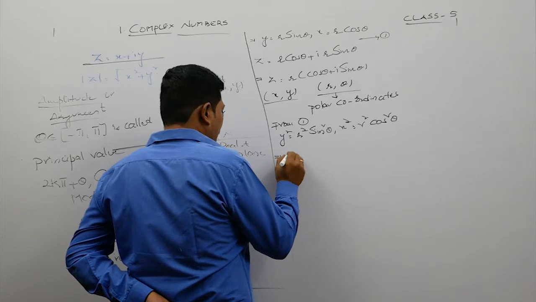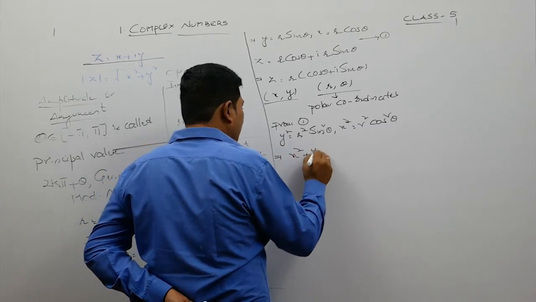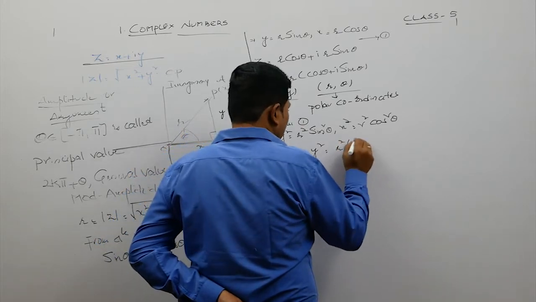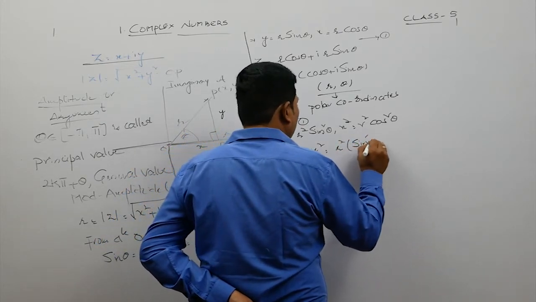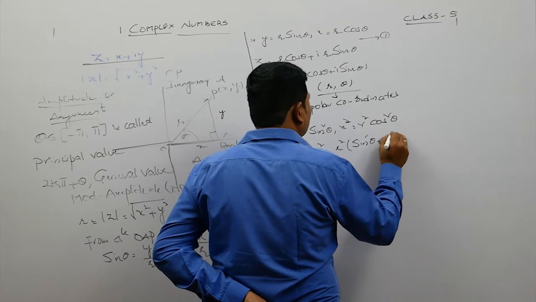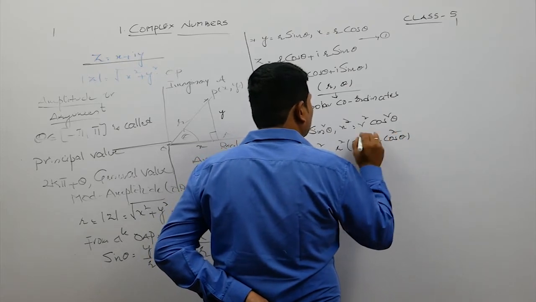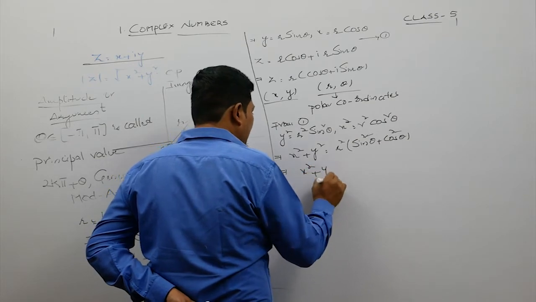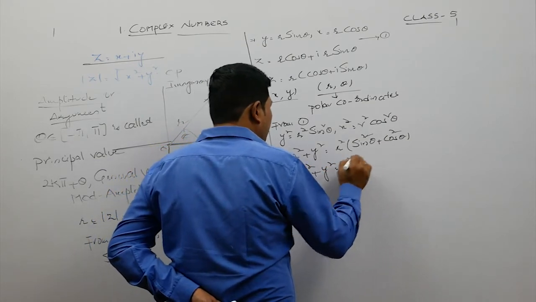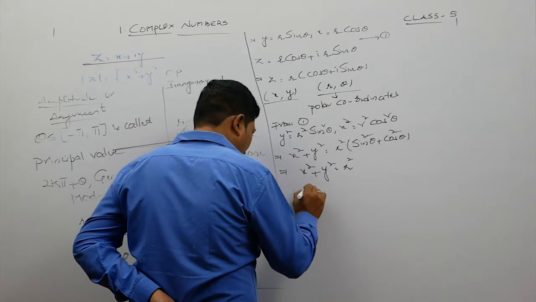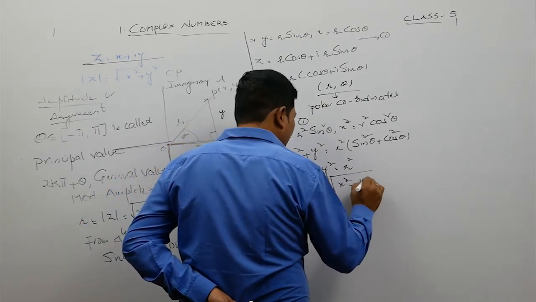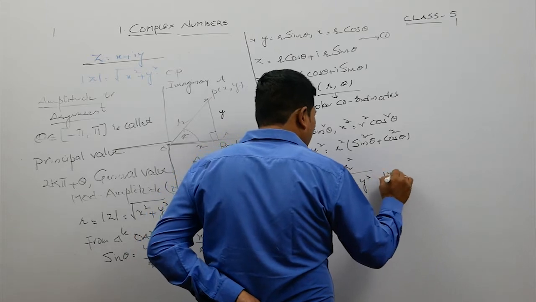Now adding these two equations, x square plus y square is equal to r square into sin square theta plus cos square theta, which implies x square plus y square is equal to r square. Most importantly, taking square root, r is equal to root of x square plus y square, that is equal to mod z.